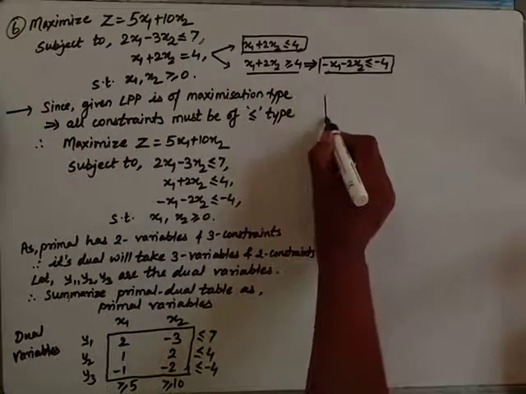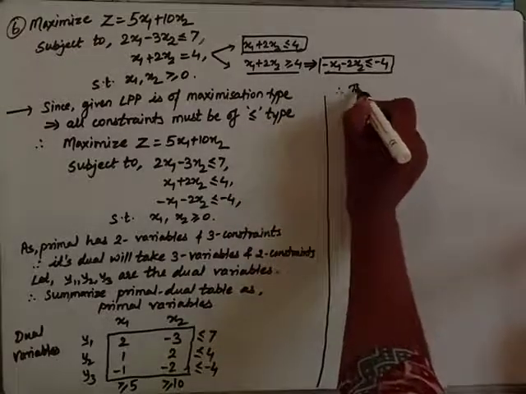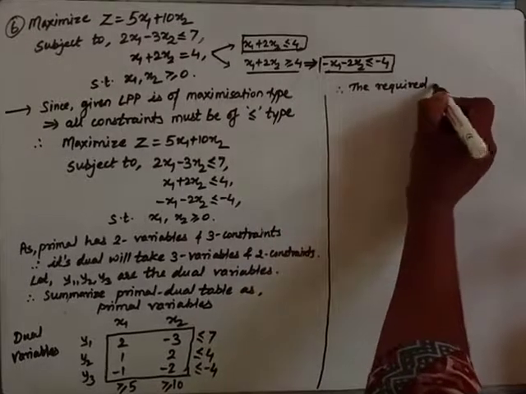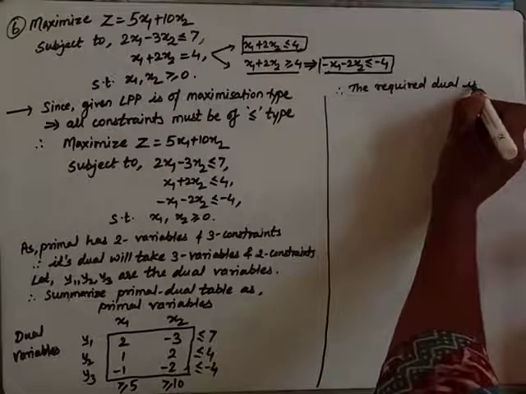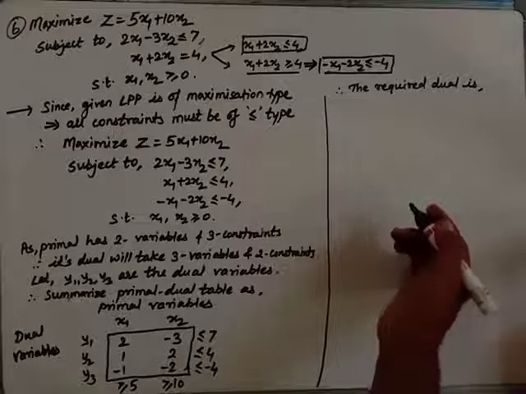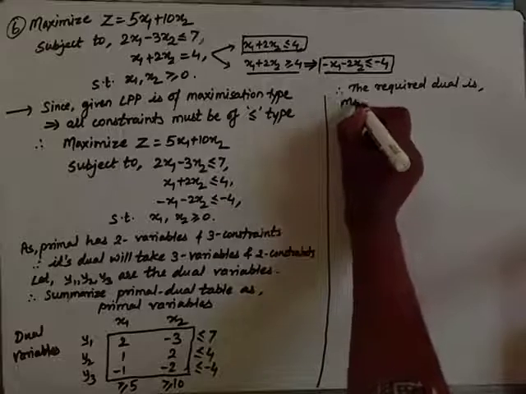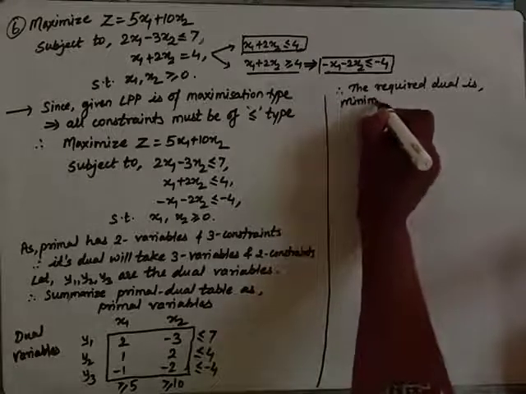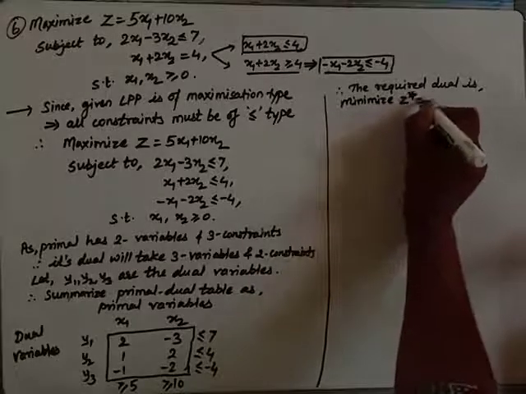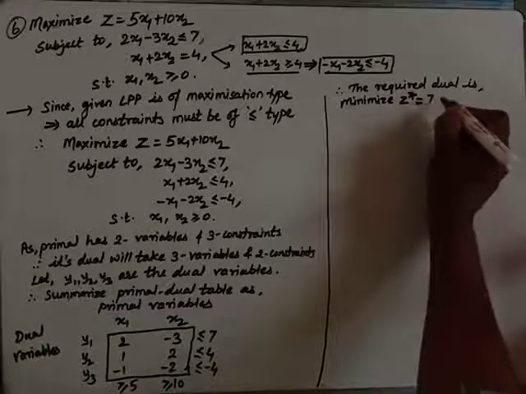Therefore the required dual is: minimize z star equal to 7y1 plus 4y2 minus 4y3.